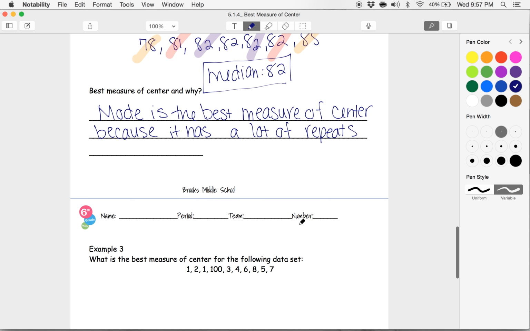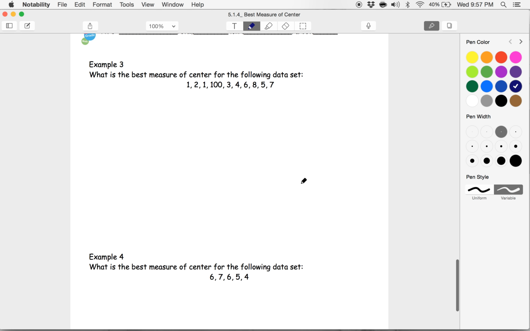Okay, and now let's do example 3. What is the best measure of center for the following data? So now they're not asking us to find the mode, the median, or the mean. We have to look at this data and see what we can find. So I have a 1, a 2, a 1, a 100, a 3, a 4, a 6, an 8, a 5, a 7.